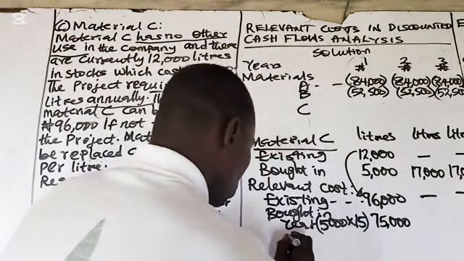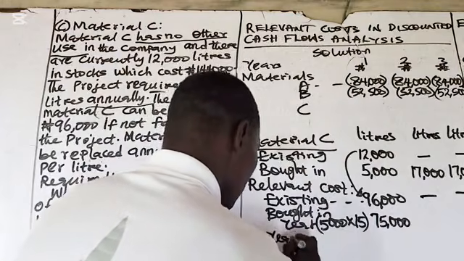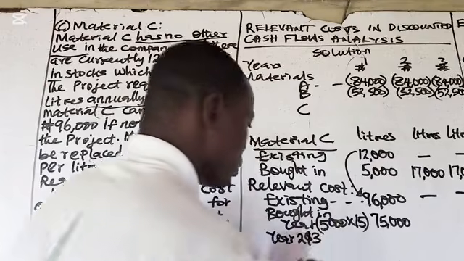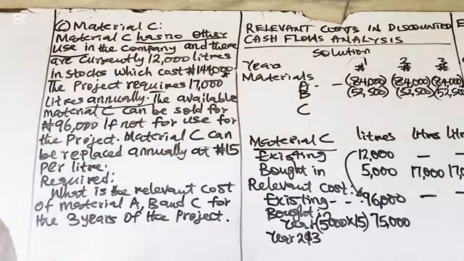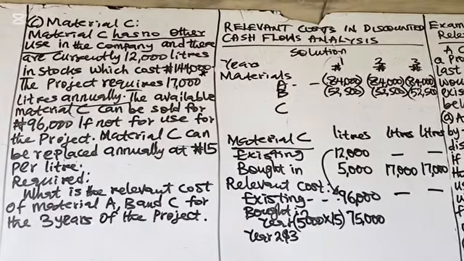In year 2 and 3, what is required for production is 17,000.